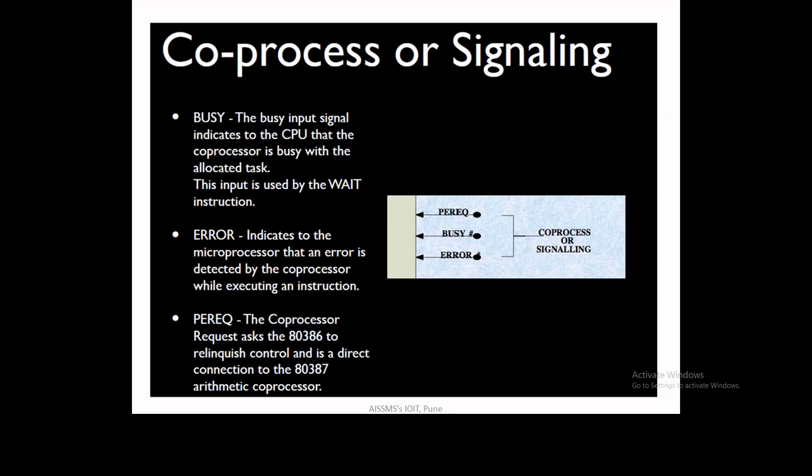This coprocessor requests the 80386 to relinquish control, and it is a direct connection to the 80387 arithmetic coprocessor. It means the 80387 can directly connect to the system buses and do the arithmetic operations.